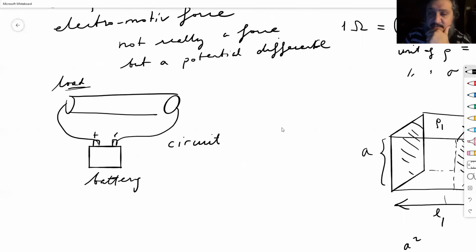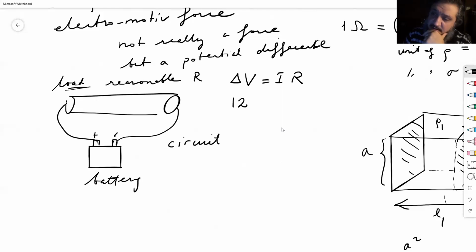A load means a reasonable R. Because remember Ohm's law is delta V equals I times R. So if you use a 12-volt car battery, and if you want 1 amp, which is a reasonable current, it's a lot of current, all right, then your resistance should be at least 12 ohms.